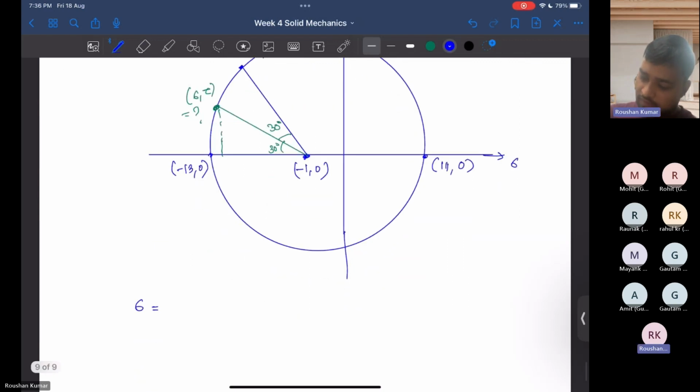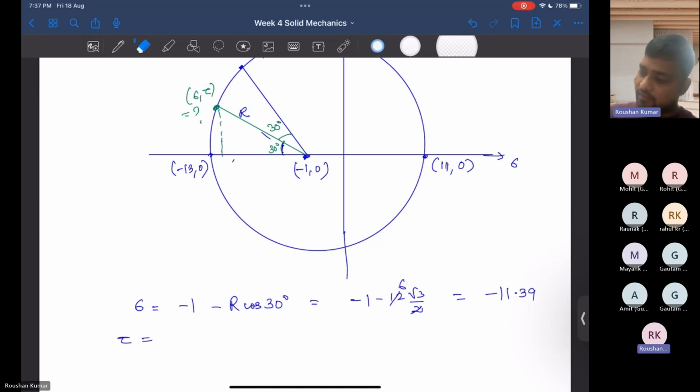So sigma is -1, because this is -1 plus r cos 30. See, this is r and this is 30, so this is r cos 30. -1 minus r cos 30, which is nothing but -1 minus 12 into √3/2. So it will come out to be 11.39. Next one is shear stress tau. So tau is r sin 30.